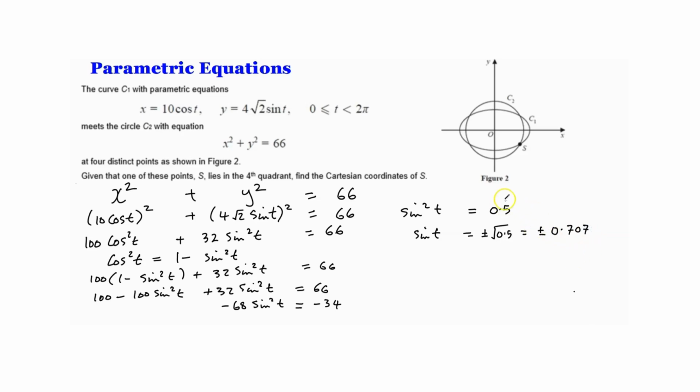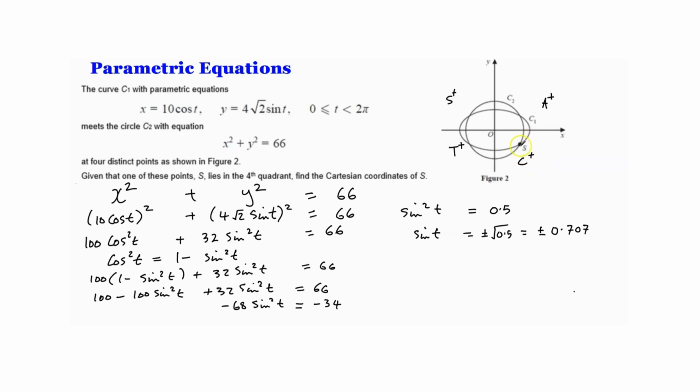Now, if you can recall, we have two values for sine. One is positive and one is negative. So if you can recall, with the quadrant diagram, all the ratios are positive in the first quadrant. Sine is positive in the second quadrant, tangent is positive in the third, and cosine is positive in the fourth quadrant.